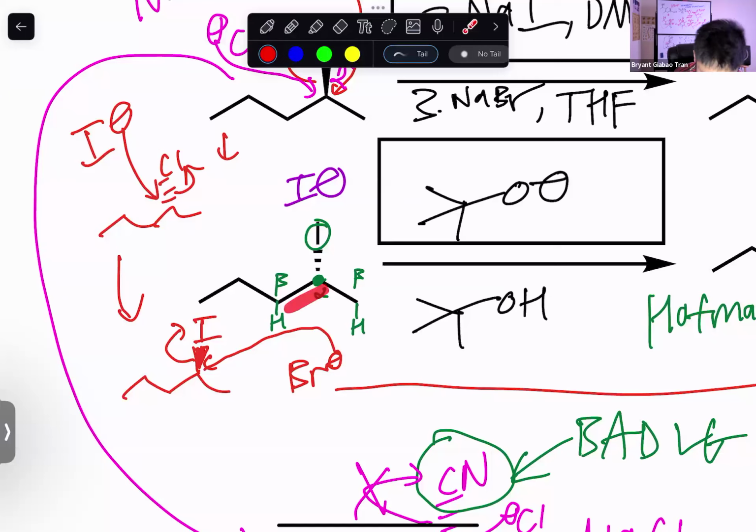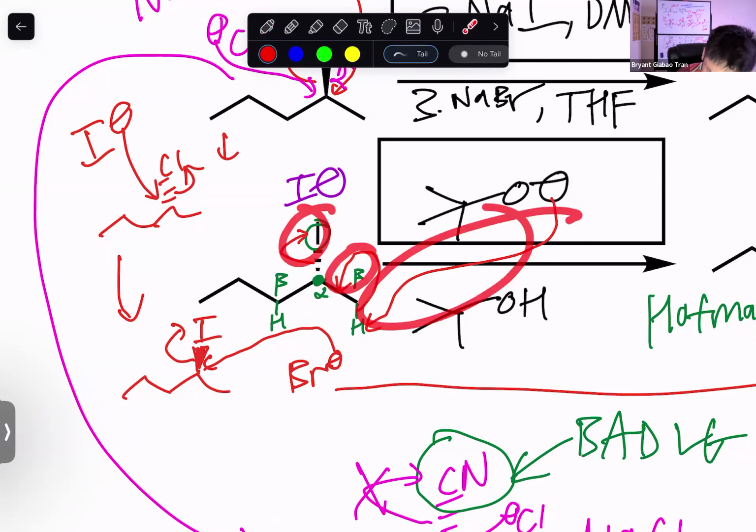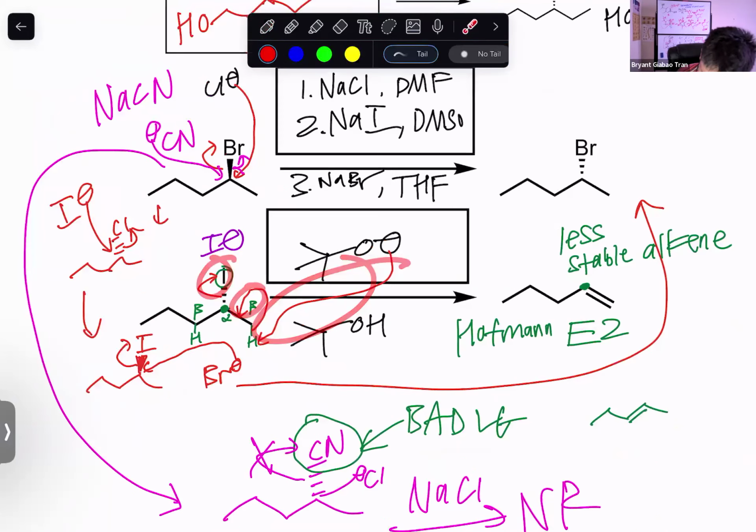But because we're using a bulky base, there's not enough space to attack that hydrogen and make the more stable double bond. Because it's so bulky, it's going to go for the most available hydrogen, the one with the least steric hindrance, the one with the most space for it to reach in and attack, make a double bond there, and kick out that leaving group. Those three arrows happen simultaneously, all at once, to get to this final product here.